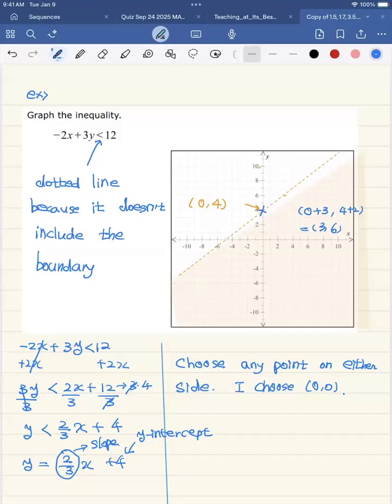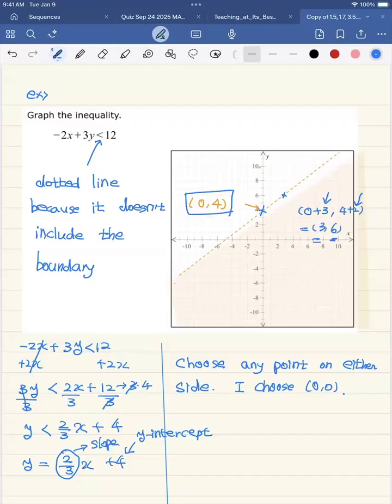And the coordinate of the y-intercept is 0 and 4. And the slope is 2/3. So I add 3 to the x-coordinate and 2 to the y-coordinate. Then we have 3 and 6. So I mark 3 and 6 right here and join with a dotted line.